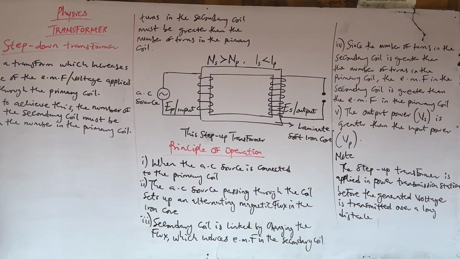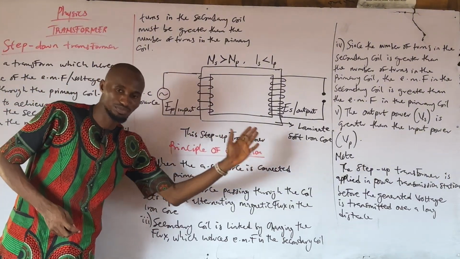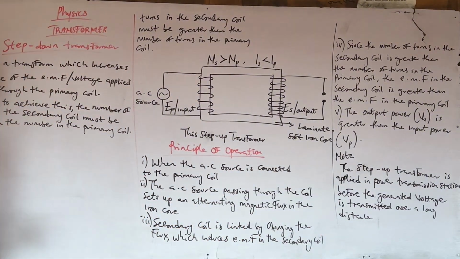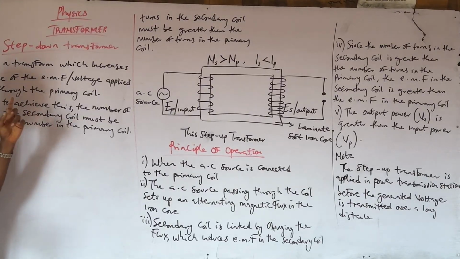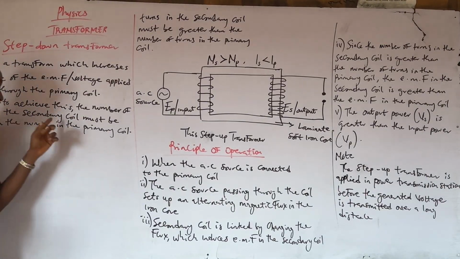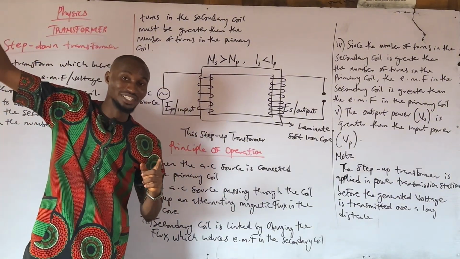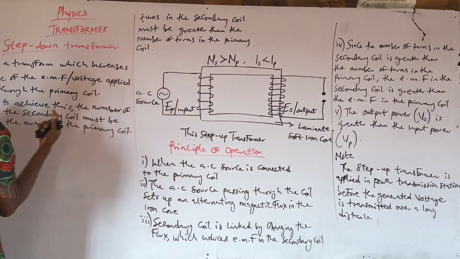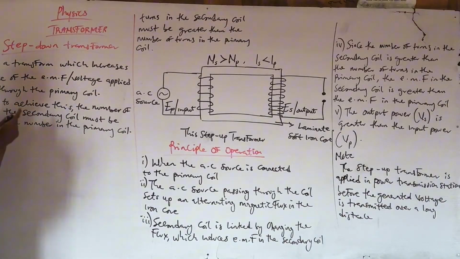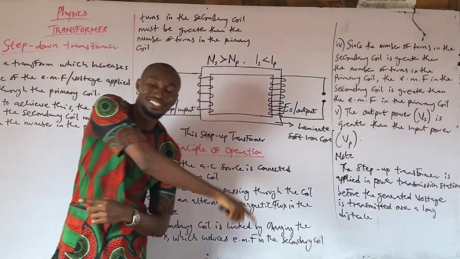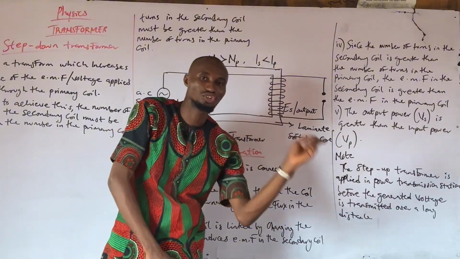Now look up. The difference between the step-up transformer and the step-down transformer is that in this statement, in order to achieve this, in the step-up transformer the number of turns in the secondary coil must be greater. Did you understand now? But in the step-down transformer, the number of turns in the secondary coil must be less than the number of turns in the primary coil.